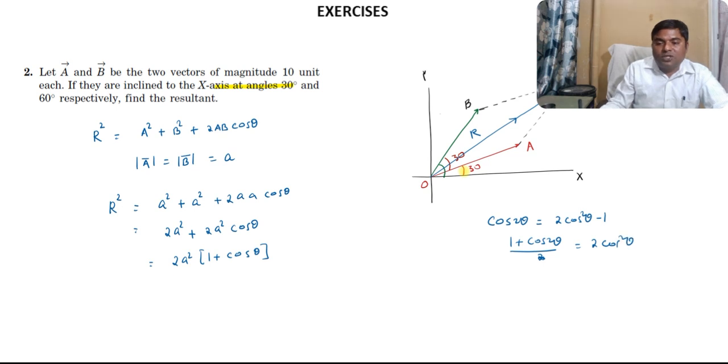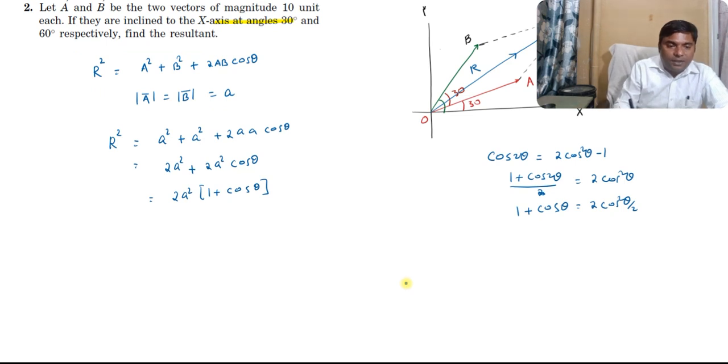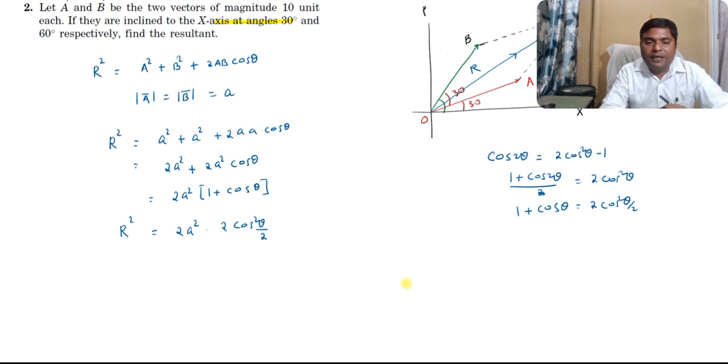Further, if we replace 2 theta with theta, we have 1 plus cos theta is equal to 2 cos square theta by 2. Once we get the result, we put it here. So we have R square is equal to 2a square into 1 plus cos theta, which is 2 cos square theta by 2.